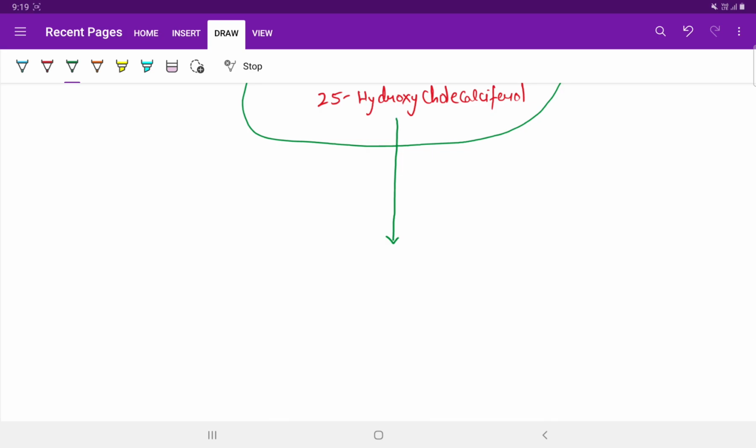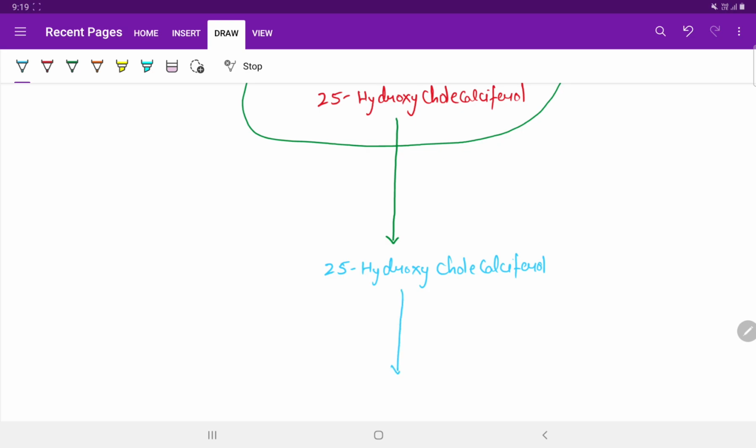Now here there is an action of PTH hormone and phosphates. So how does this occur? So let us transfer it into the kidneys. So this is 25-hydroxycholecalciferol.